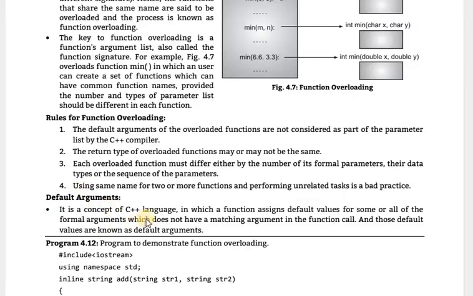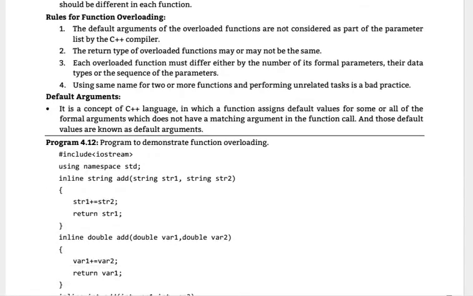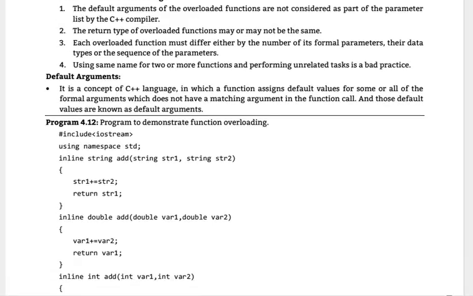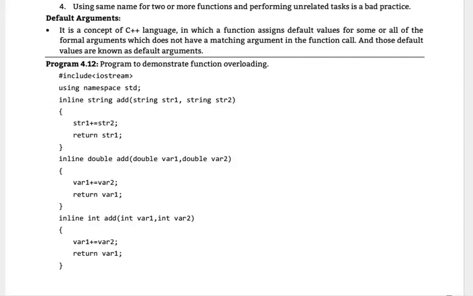It is a concept of the C++ language in which a function assigns default values for some or all of the formal arguments which do not have a matching argument in the function call, and those default values are known as default arguments. So this default argument is not considered as a part of the parameter list by the C++ compiler in function overloading. Now we will see one program to demonstrate function overloading.